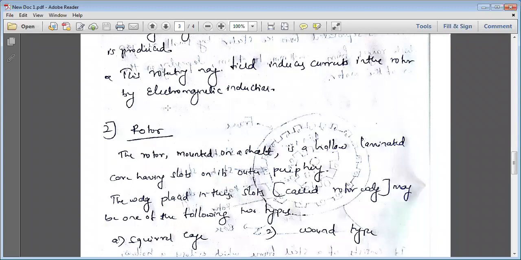The next part of the machine is the rotor, which is the rotating part of the machine. The rotor, mounted on a shaft, is a hollow laminated core having slots on its outer periphery. Remember, we discussed that the stator is a hollow laminated core having slots on its inner periphery; the rotor has them on its outer periphery.